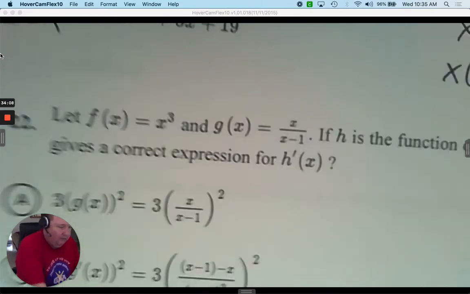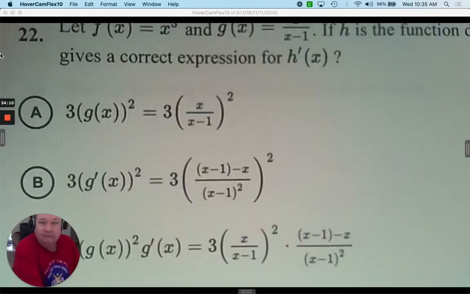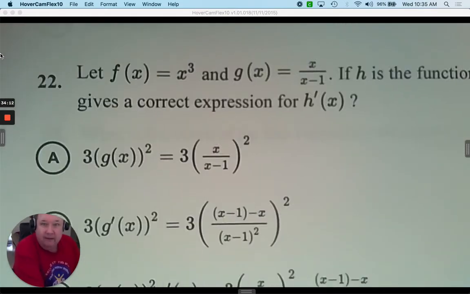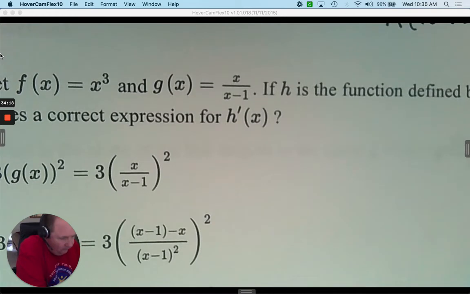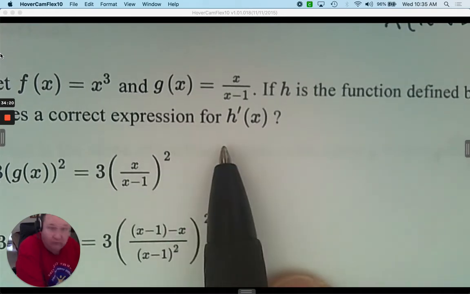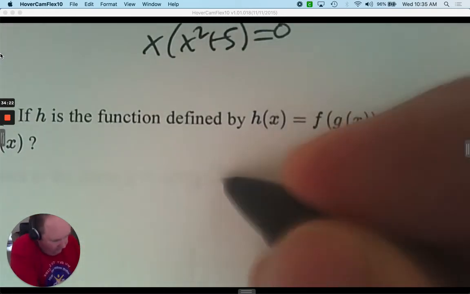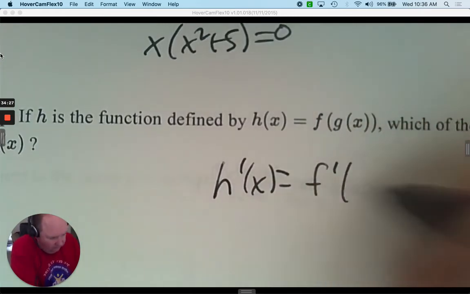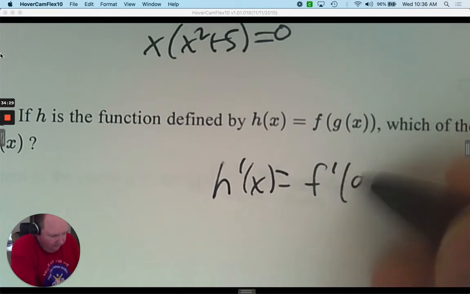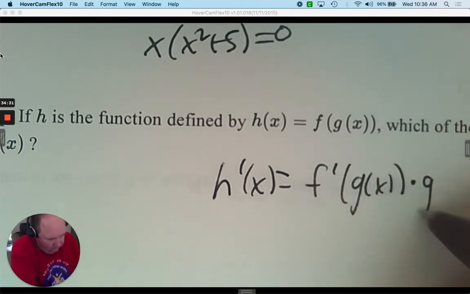All right, number 22. Let f at x equal x cubed and g at x equal x over x minus 1. If h is defined this way, which of the following gives a correct expression for the derivative of h? So this is the chain rule. That's the derivative of the outside times the derivative of the inside.